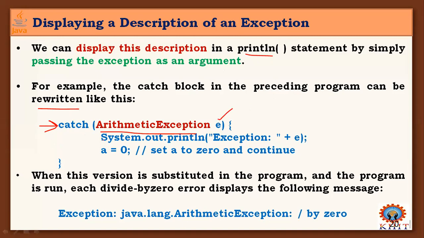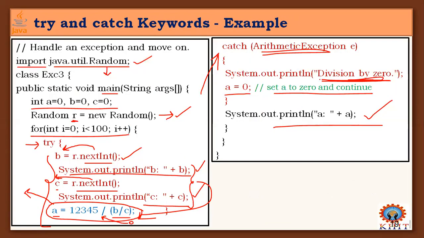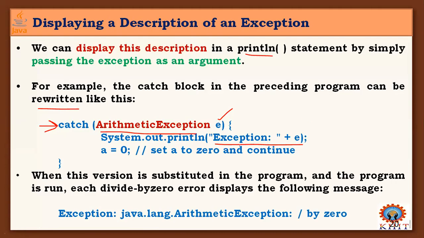But inside, System.out.println, we mentioned the same division by 0. Instead of that, you can simply print this e. This prints the description of the exception raised in that catch handler, right?